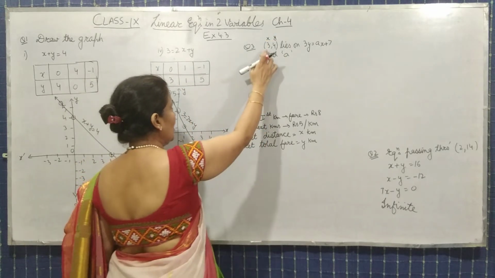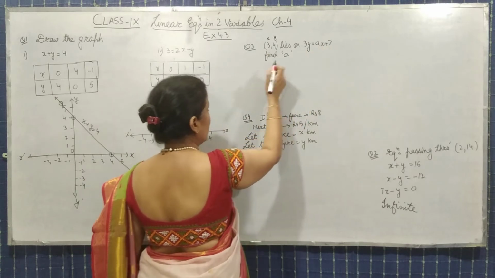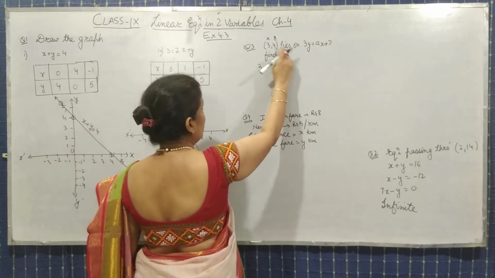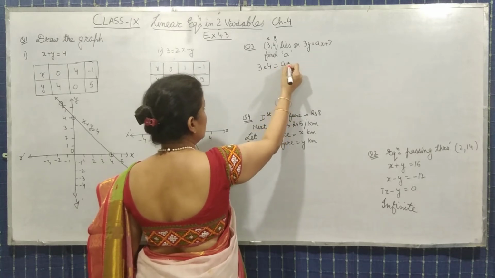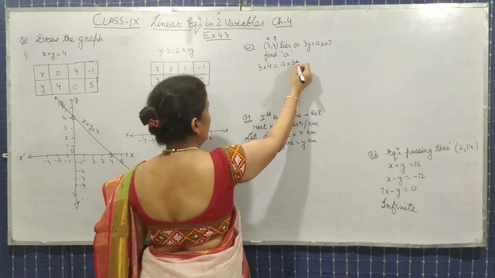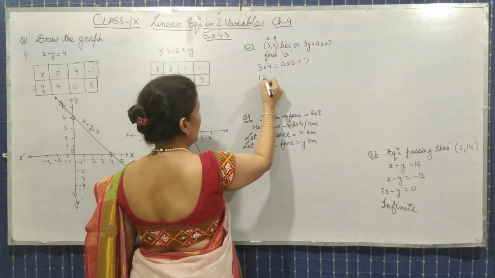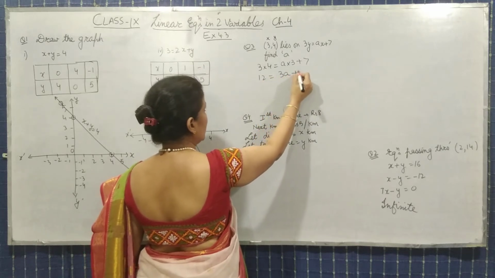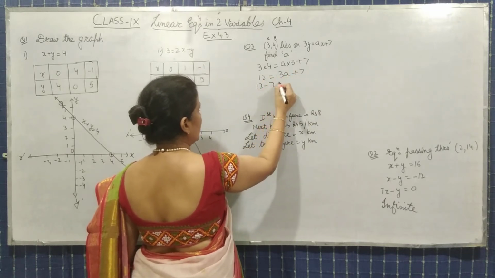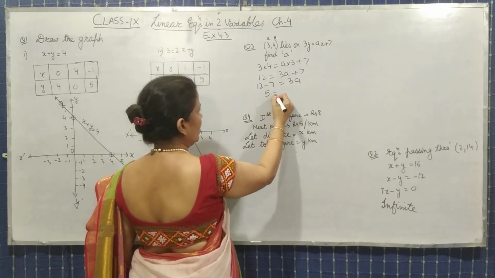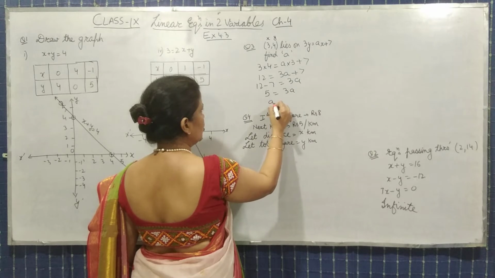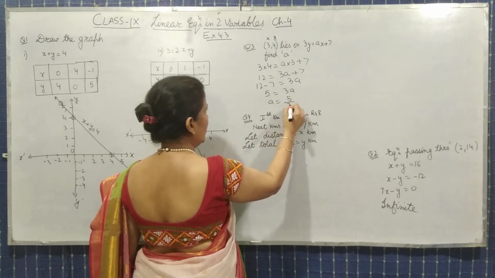We will put the x and y values in this linear equation. So 3 into y equal a into x plus 7. So 12 equal 3a plus 7. 12 minus 7 equal 3a. So it will be 5, 3a. So what should be the value of a? 5 by 3.